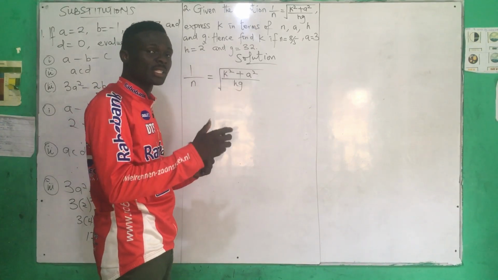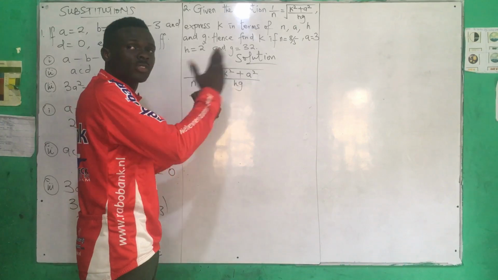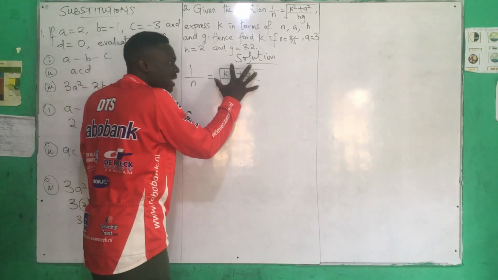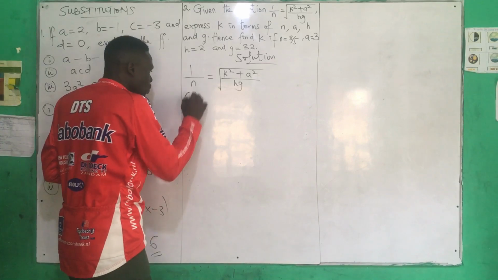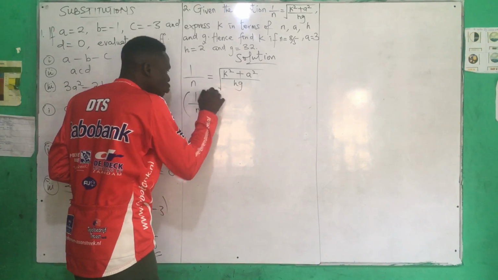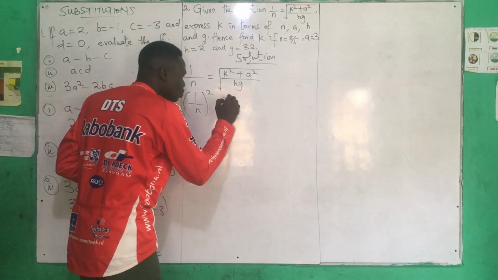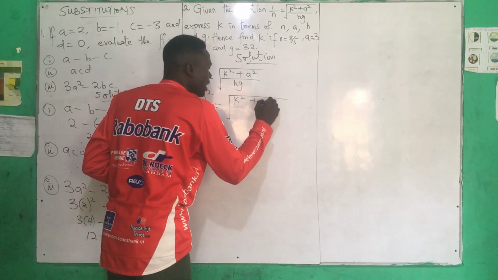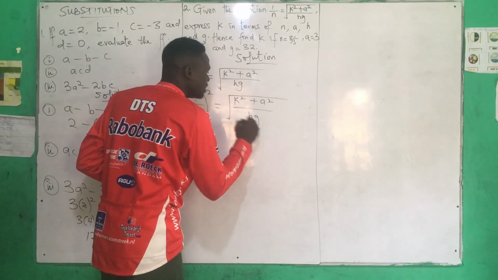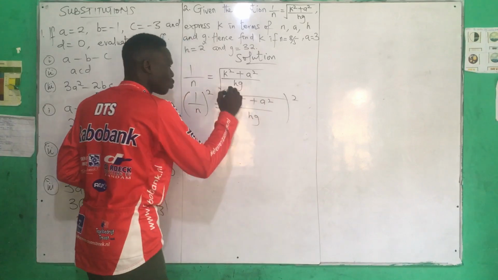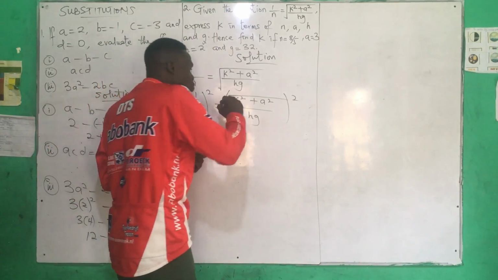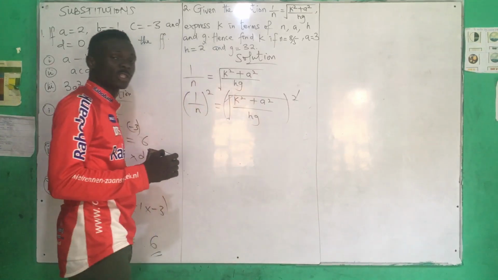And by doing this, we are going to square both sides of the equation. So we have this and this. So we are going to say 1 over n all squared is equal to the square root of k squared plus a squared all over hg, all squared. So now when we square both sides, the square root will be cancelled out by the square.